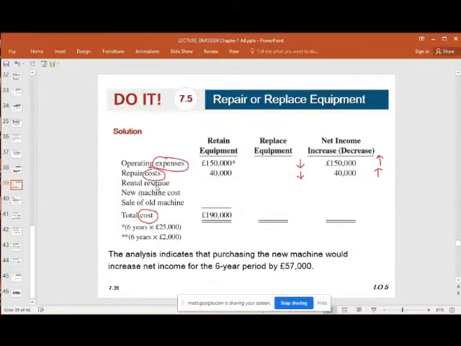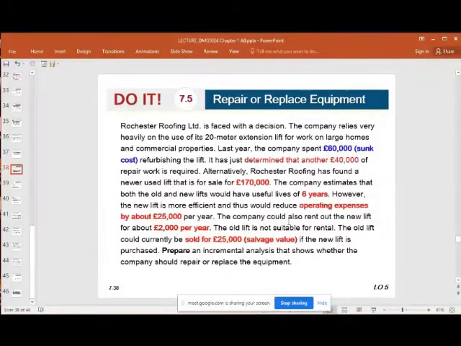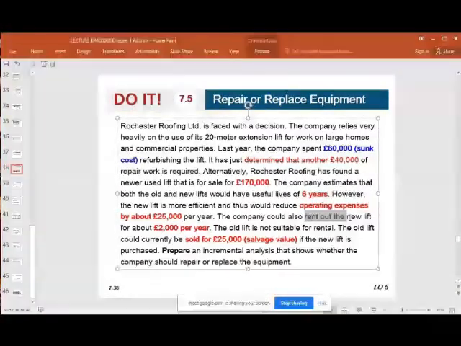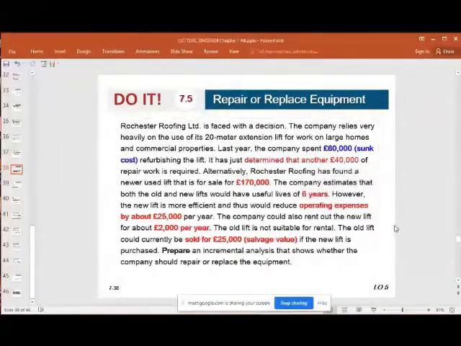So next one, rental revenue. This one is different. This is your revenue. Just now the question mentioned that the company can rent out the new lift for 2,000 a year, but the old lift cannot be rented out. So how many years? The useful life, 6 years. Correct.